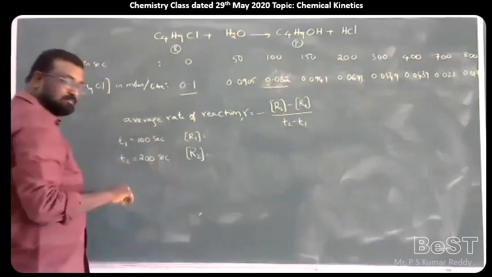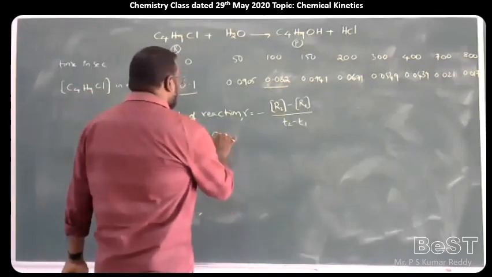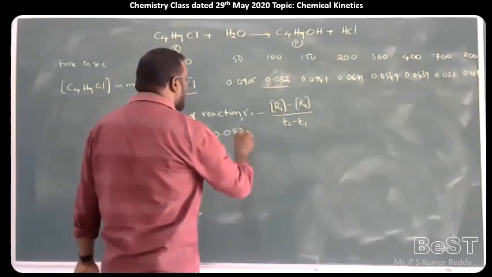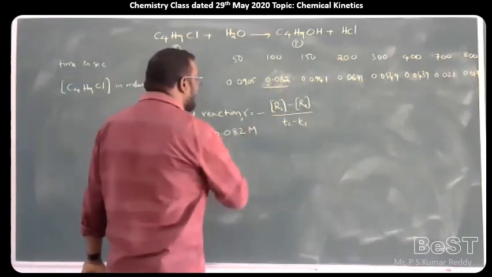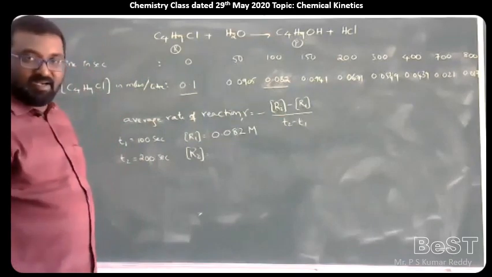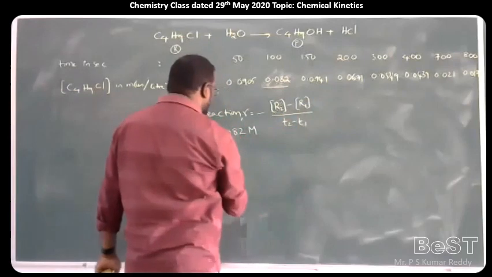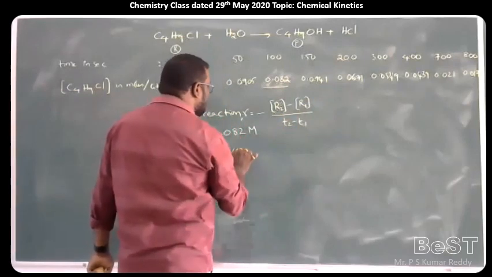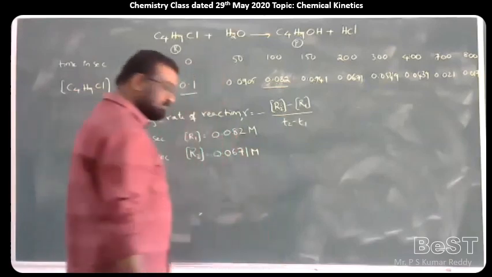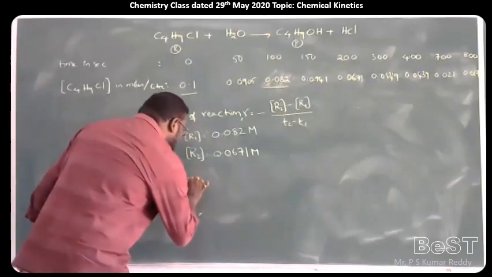At 100 seconds, the concentration of butyl chloride is 0.082 moles per liter. At 200 seconds, the concentration is 0.0671 moles per liter.